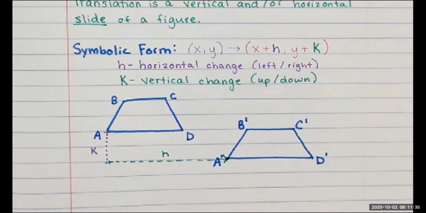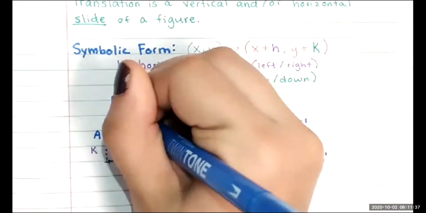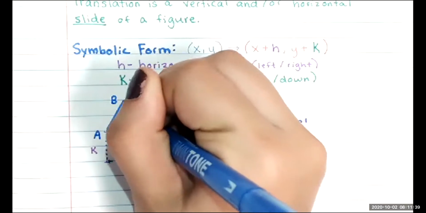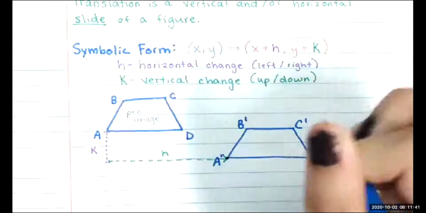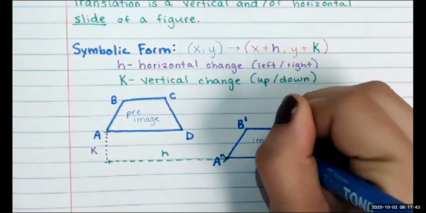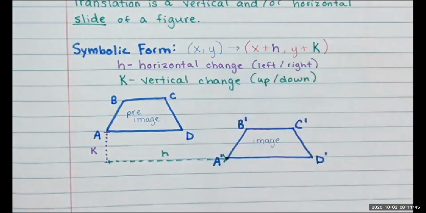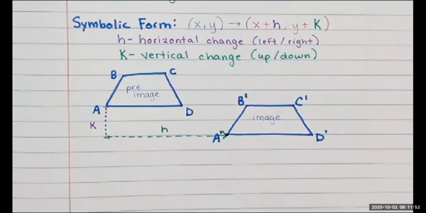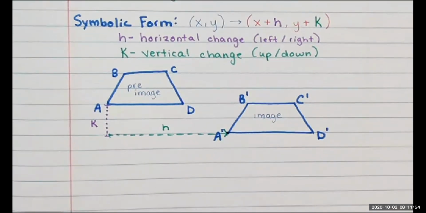And I'm just going to fill in a little more info. And there we have a pretty good idea of how a translation works. So the rule is very easy to use.